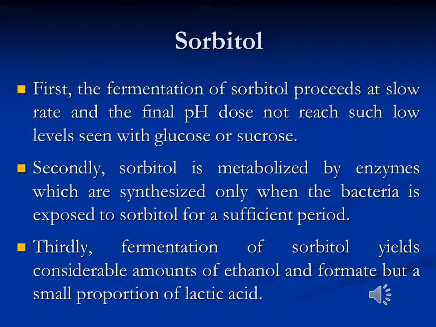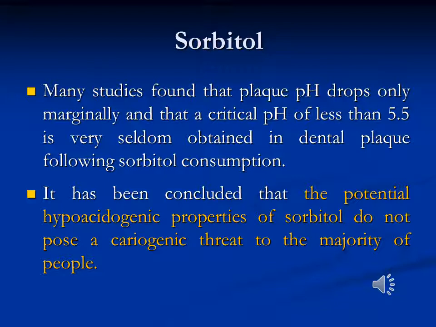but a small proportion of lactic acid, which means that it has a limited cariogenic potential, much less than that of sucrose. Many studies found that plaque pH drops only marginally, and a critical pH of less than 5.5, which, as you remember, is the critical pH for demineralization of enamel, is very seldom reached in dental plaque following sorbitol consumption.